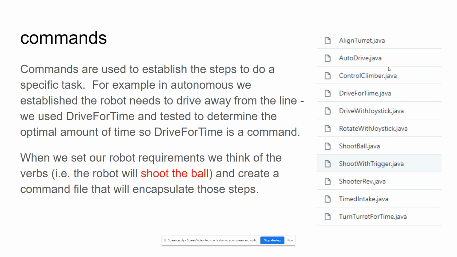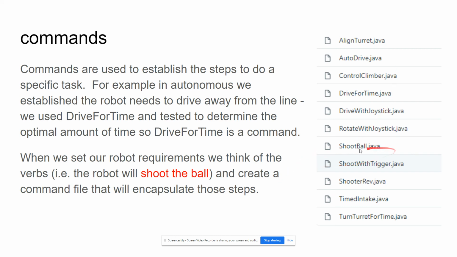So what do we want to be able to do? Well, in autonomous, we want to be able to drive for a set amount of time. So anything that we write down that's a verb. Drive is a verb. Then we look at creating a Java file for it that will encapsulate all of the steps for that particular thing.